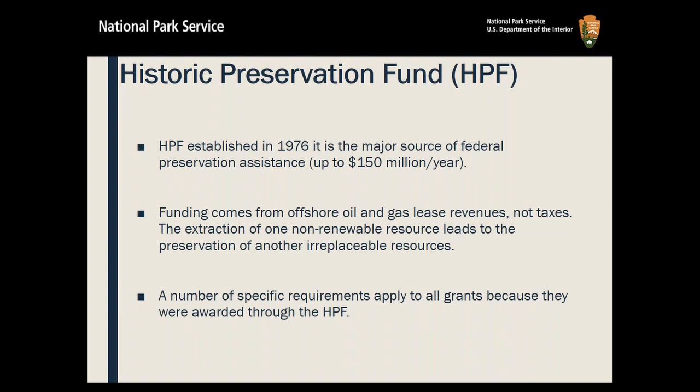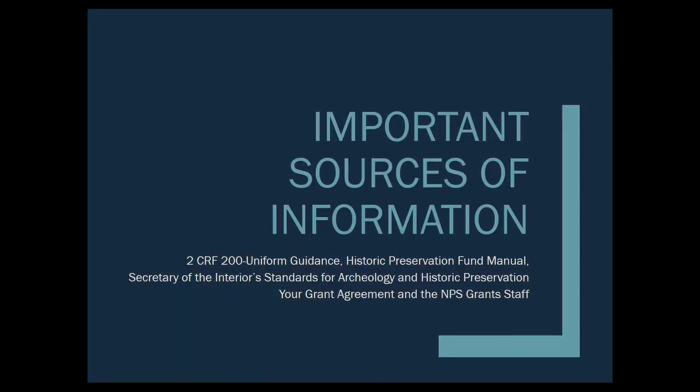And so the concept there is that by extracting one non-renewable resource, we can at least help the preservation of other irreplaceable resources. And a number of specific requirements apply to all grants because they were awarded through the HPF.